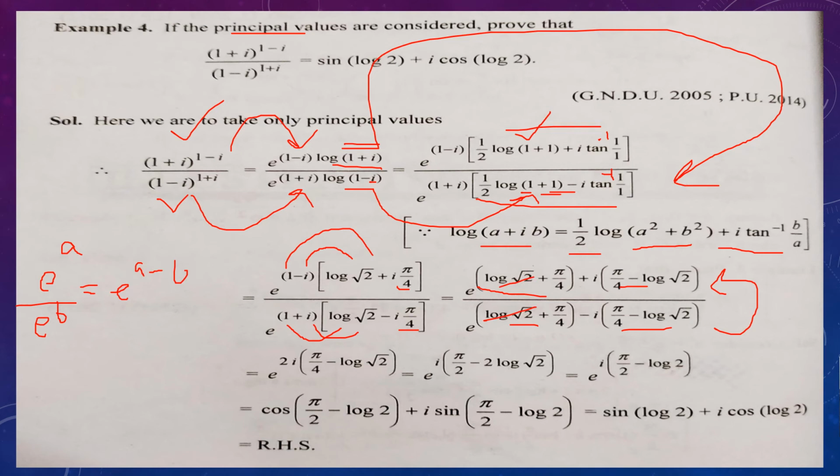This is minus minus iota, 2 iota. So multiply 2 in the bracket. This will cancel out. It is e raised to iota theta. So I can write it like cos theta plus iota sin theta. And we know that cos of 90 minus theta is sin theta, and sin of 90 minus theta is cos theta. So in this way, we have simplified this example.